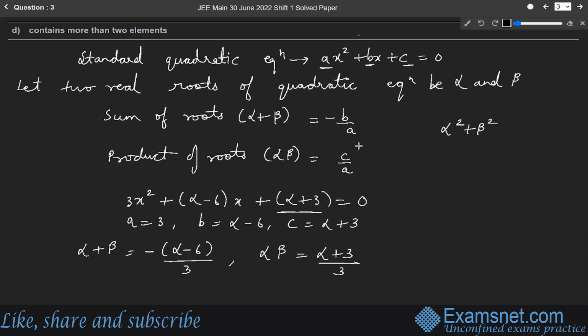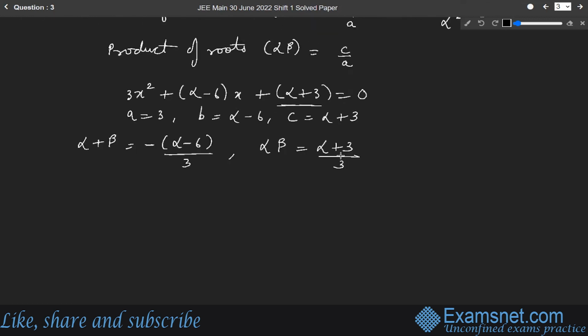To find the value of alpha square plus beta square, we have to use a basic formula, which is alpha square plus beta square is always equal to (alpha plus beta) whole square minus 2 into alpha beta. Okay, so we want to calculate alpha square plus beta square, which is the sum of squares of two real roots. So it is equal to (alpha plus beta) whole square minus 2 into alpha into beta.